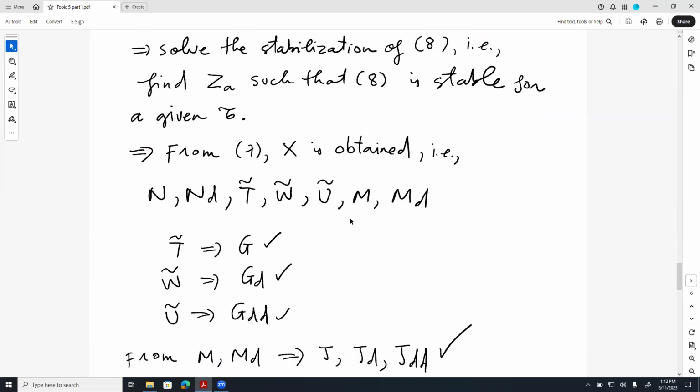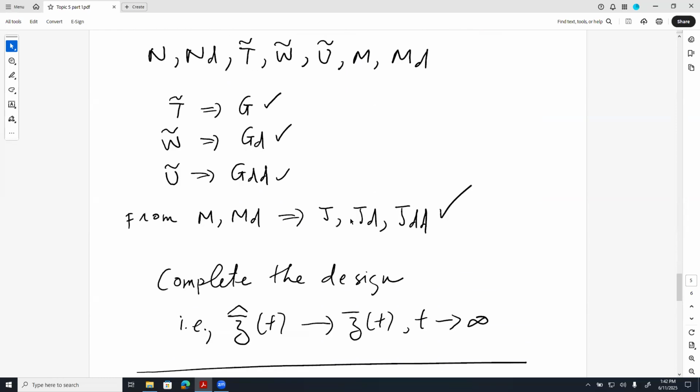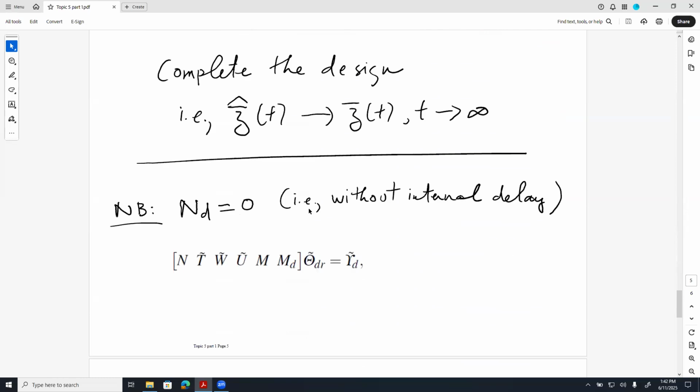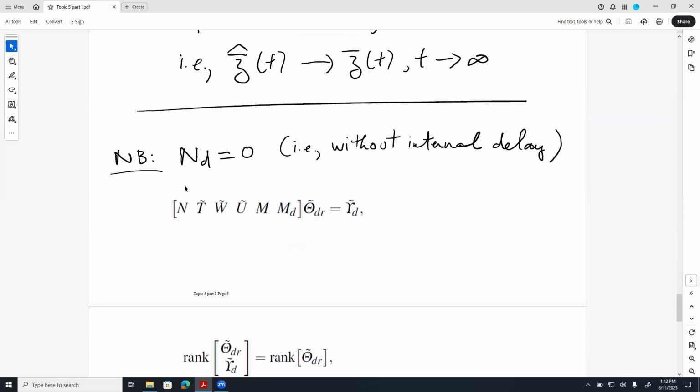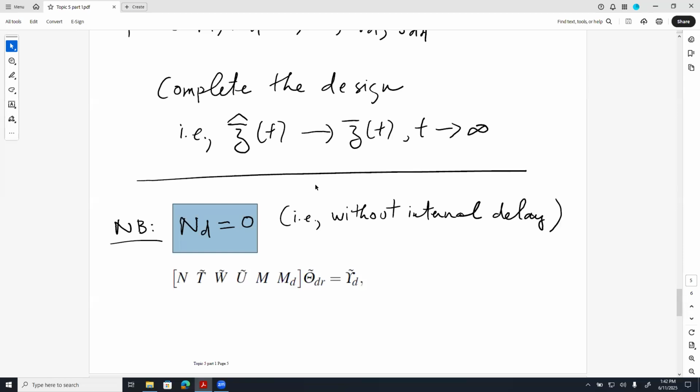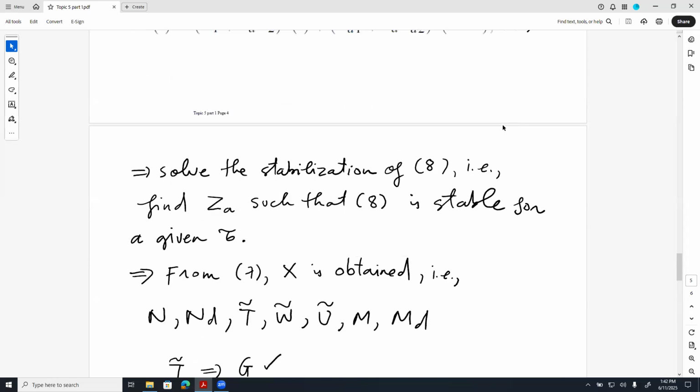All right, so that is basically the approach we take, and another thing that we would like to mention in here is when this matrix is zero. Of course, it's a zero m by m matrix because nd is of dimension m by m. In this situation, when nd equals zero, we call it an observer without internal delay.